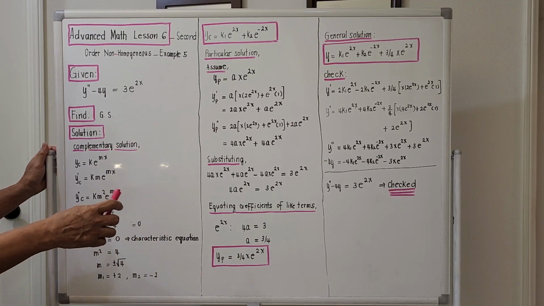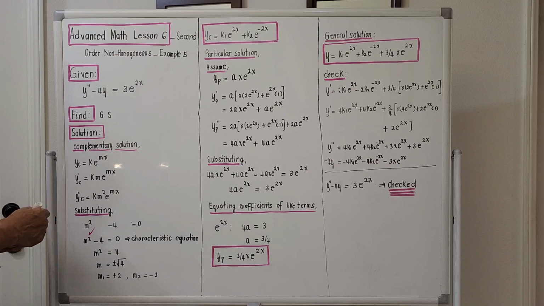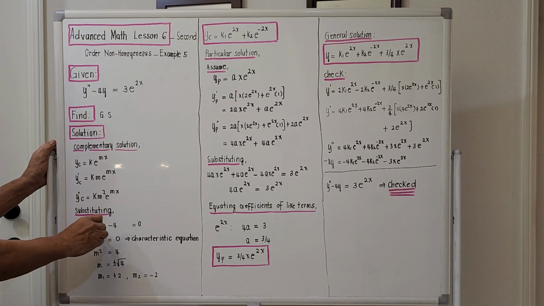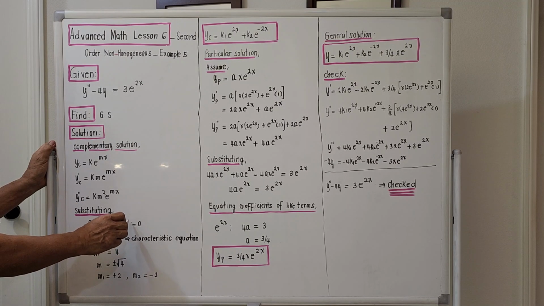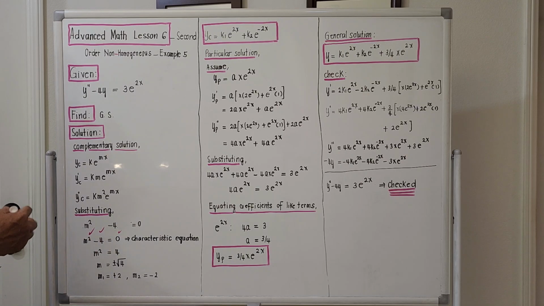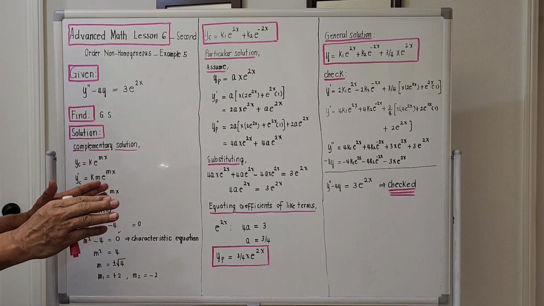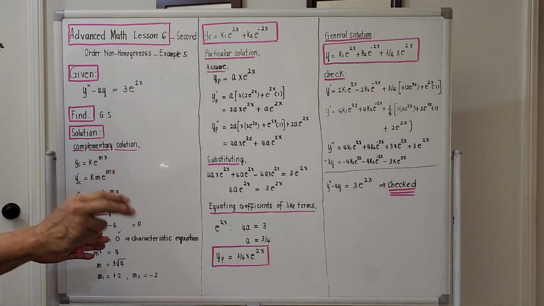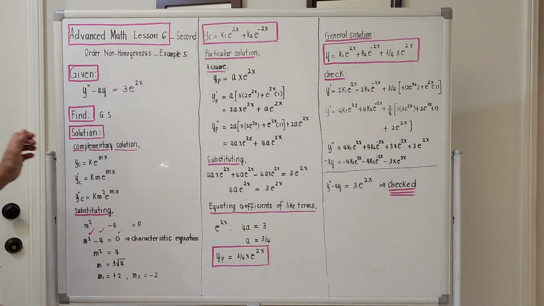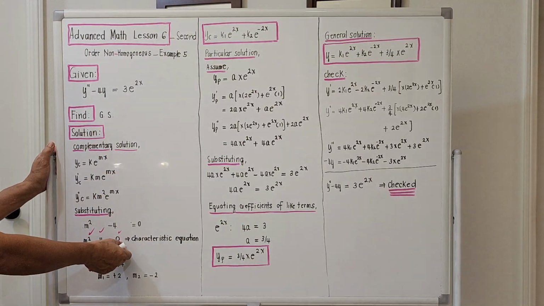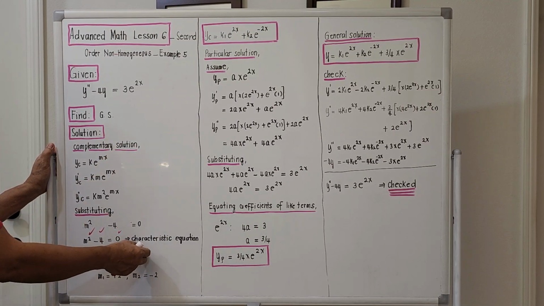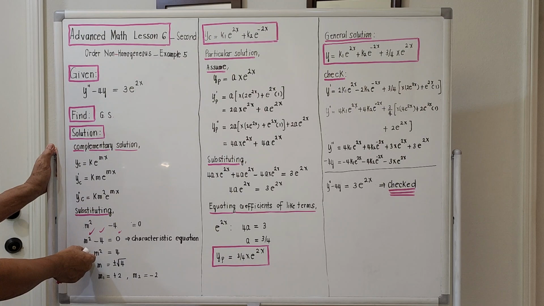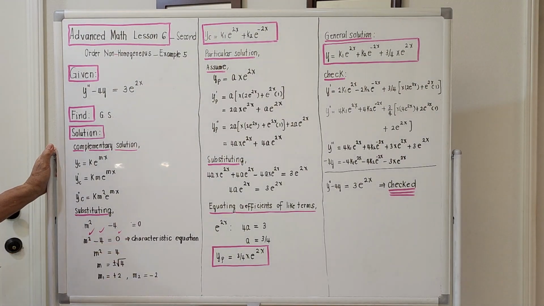So what remains on the second part will be negative 4, and this should be equal to 0. If we are solving for the complementary solution, we will always equate the right hand side to 0. What comes out now is a characteristic equation: m square minus 4 equal to 0.